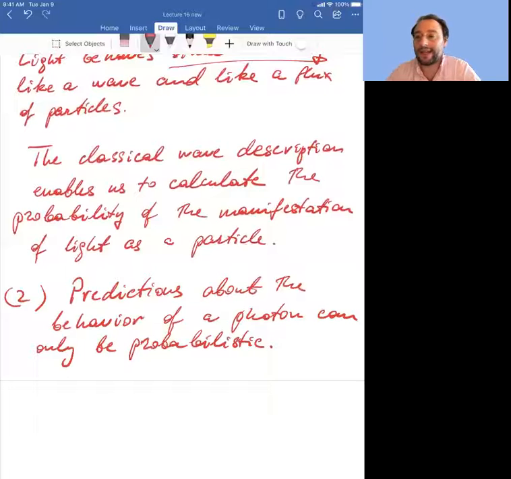And therefore, the notion of a trajectory, when we think of particles classically, we think of trajectories. Now we introduce probability as being essential to this weird particle, and therefore we can no longer think of trajectories.